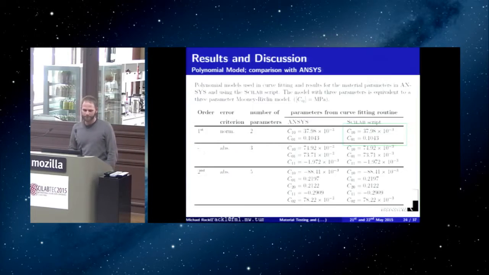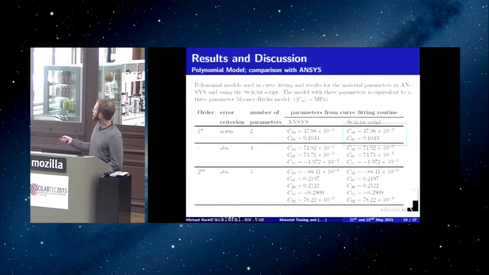Let's first have a look at the polynomial model. And this time, for the polynomial model, we got a perfect fit. In this case, for 3 different models, and as you can see, it's basically exactly the same between ANSYS and Scilab, so we know that whatever we did in Scilab is correctly implemented.